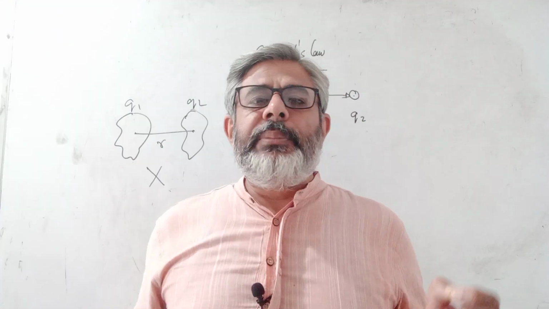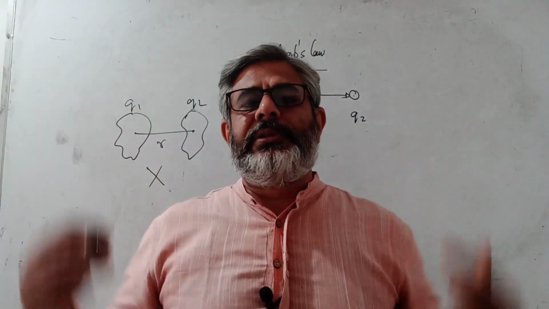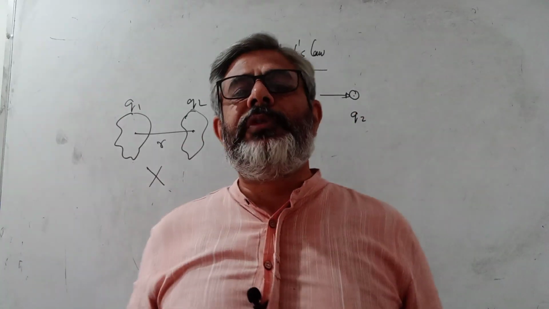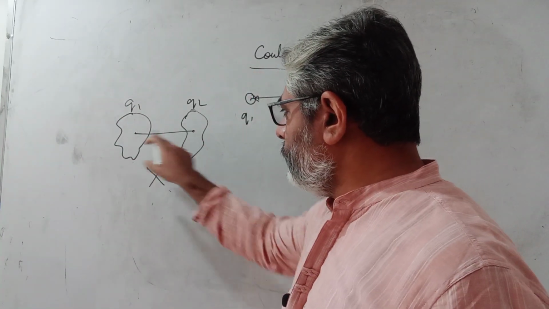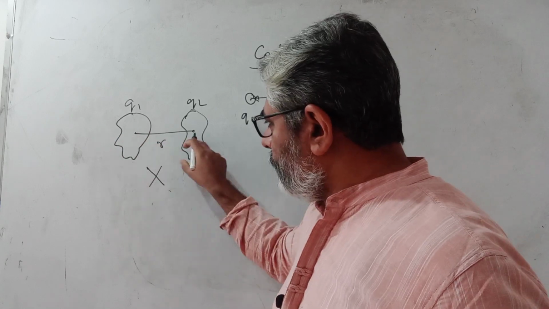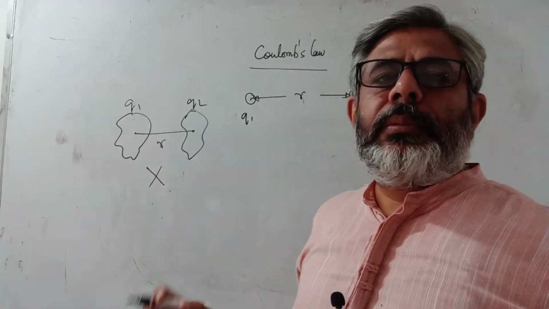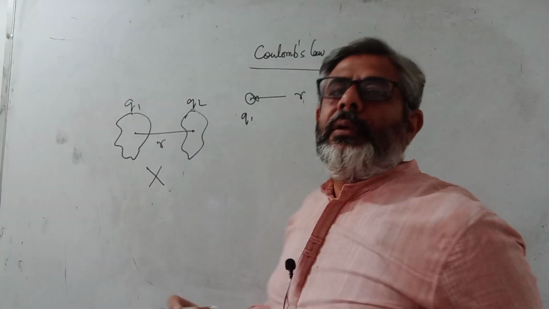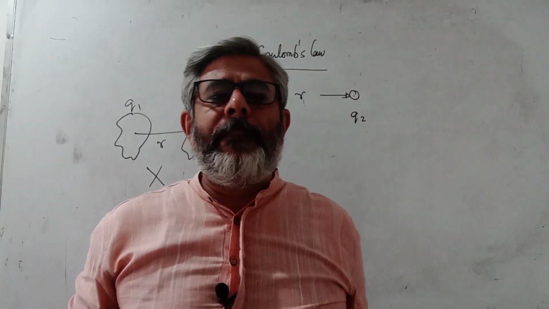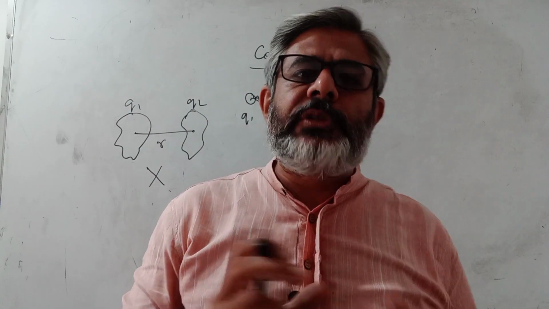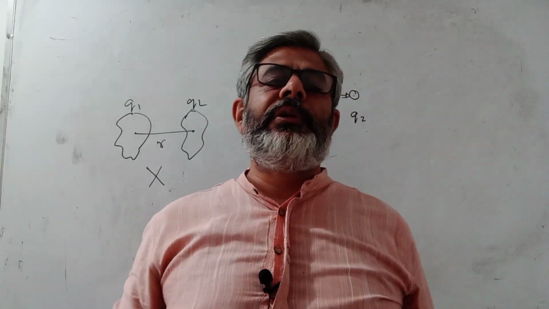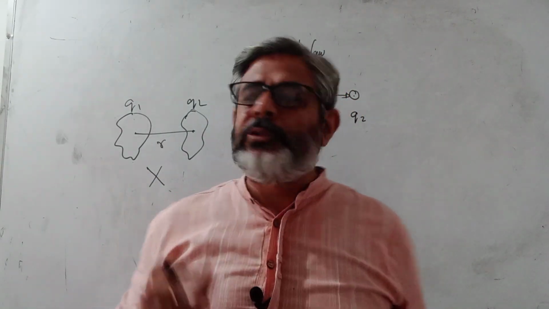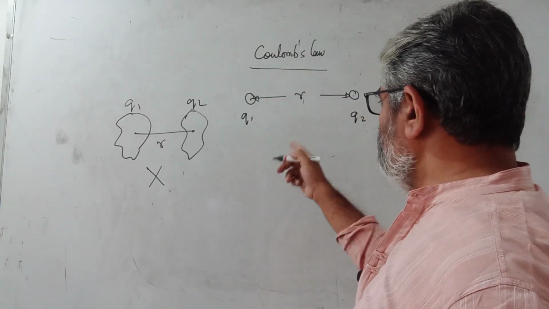Point charges basically means the distance between the charges is much larger than the size of the object. So even if you separate these two objects by a big distance, if the size of the object is very small compared to the distance between the two objects, then we can apply it. So it is applicable for point charges.